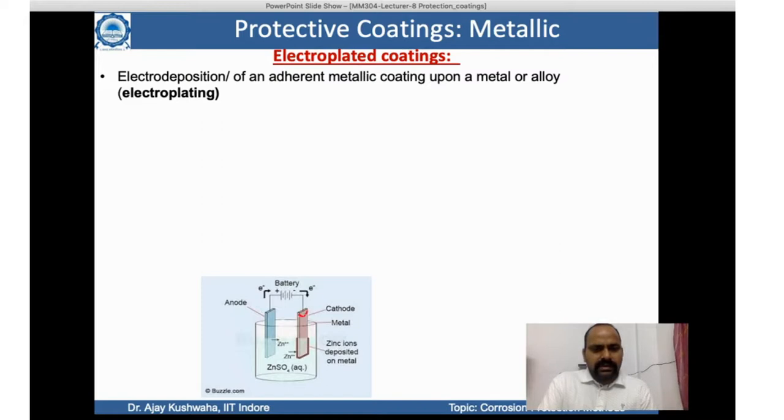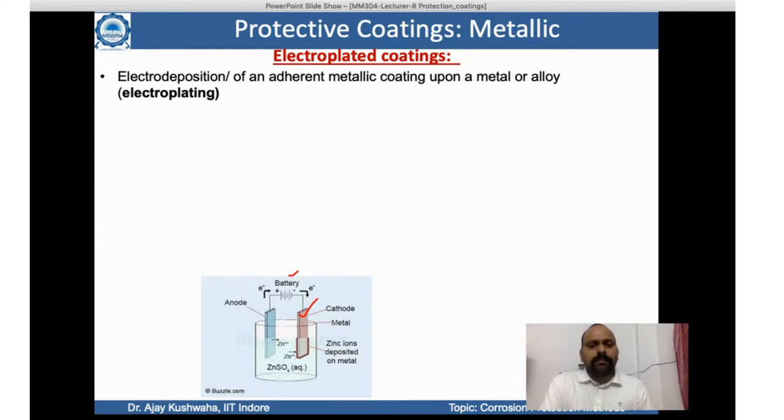So let's say this is our base material on which we are willing to coat zinc. Basically zinc is in the solution, and when we apply a battery, a voltage difference, then the zinc ions will get reduced on the surface of the cathode and be deposited over the surface of the cathode, and in this way we can deposit the metal.